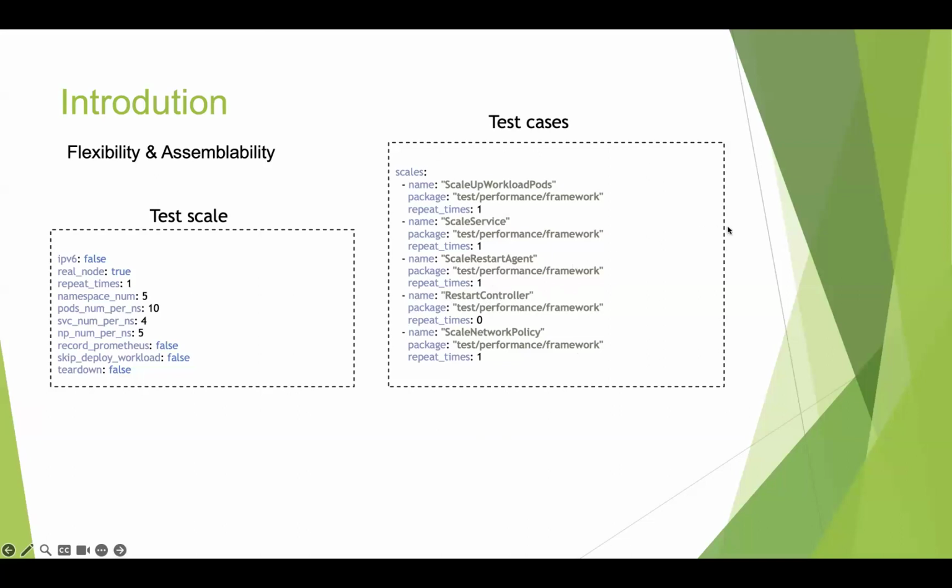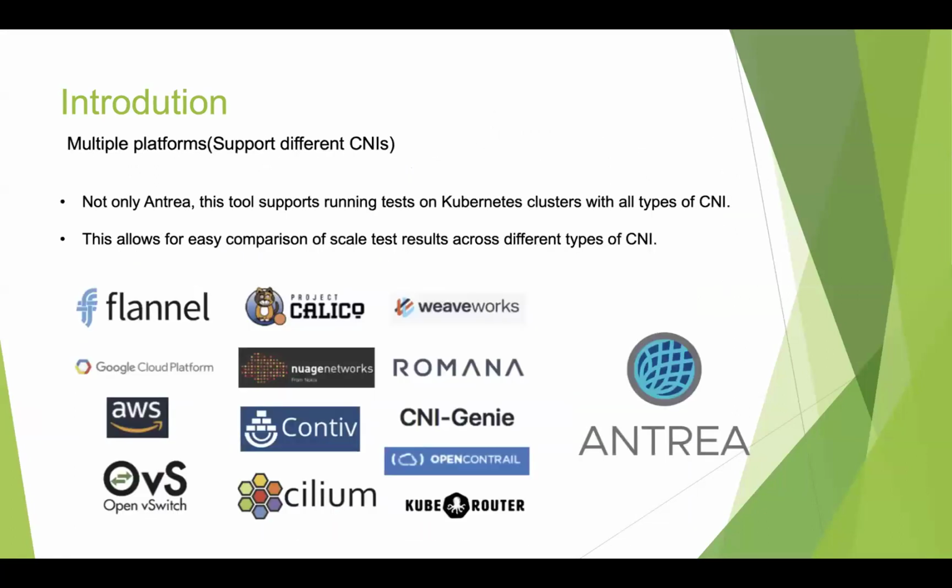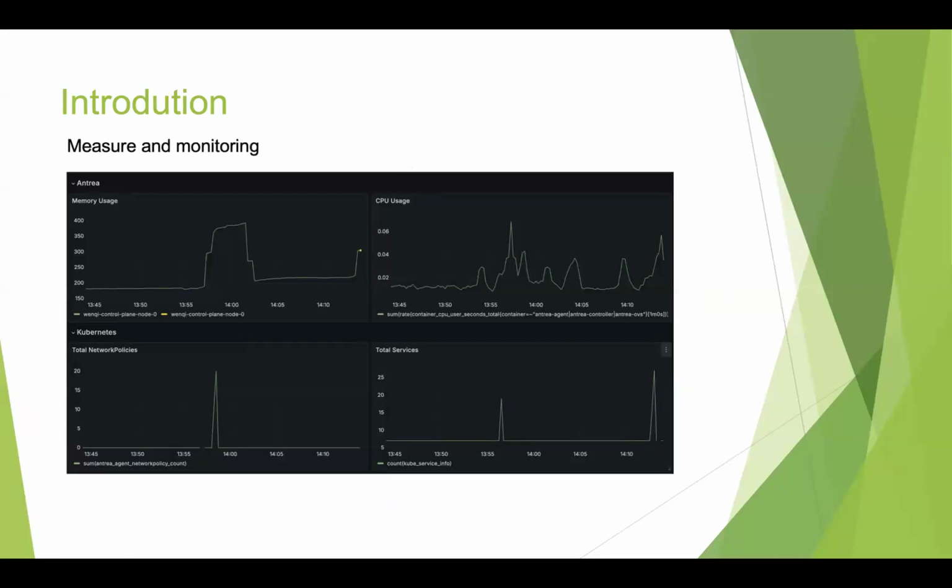Okay. Any more questions? I think you had a slide about metrics for the Antrea components. So does the framework deploy Prometheus and Grafana as well for metrics visualization? Yes.